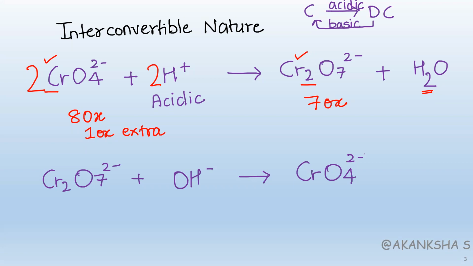To bring it down, there need not be a constant condition. See, acidic condition is the one which gave rise to dichromate. You can't keep putting more acid or more protons in that dichromate to convert it back. So here you need to change the medium completely. You need to change the pH of the medium completely. That is the reason why we shifted to basic.